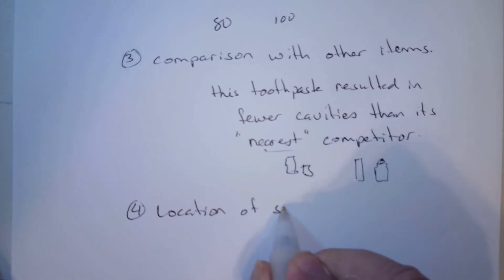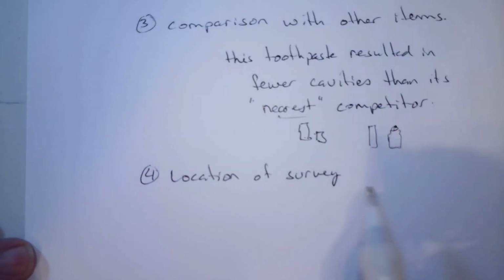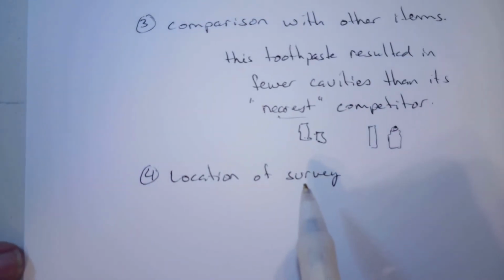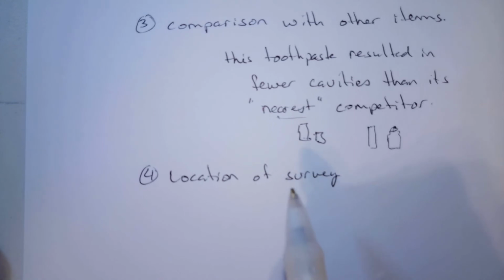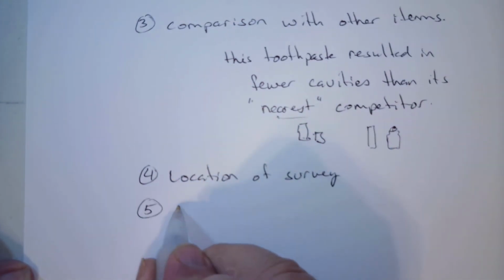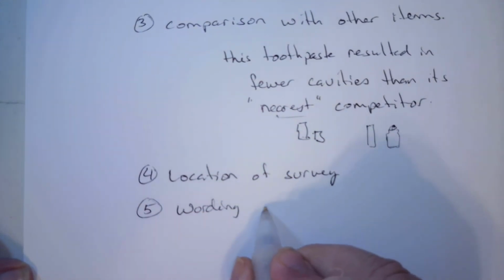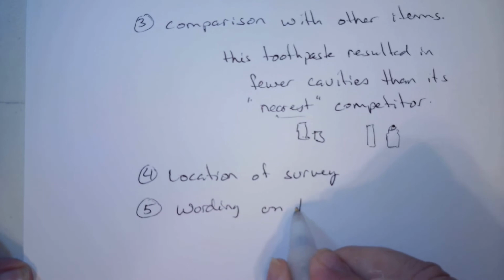Location of survey. Like earlier, was the survey done in the same town where the toothpaste is being made, or is it across the nation? Where did the survey take place? Wording on the survey.